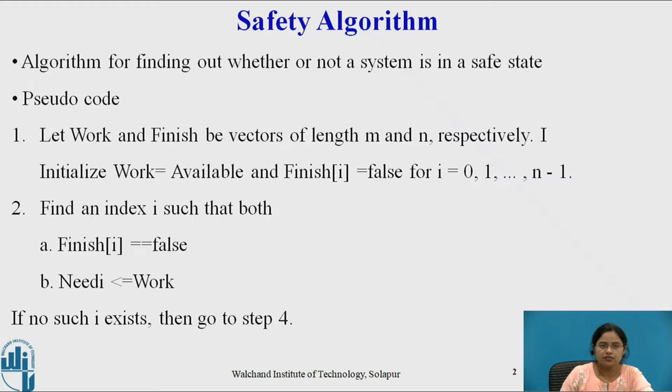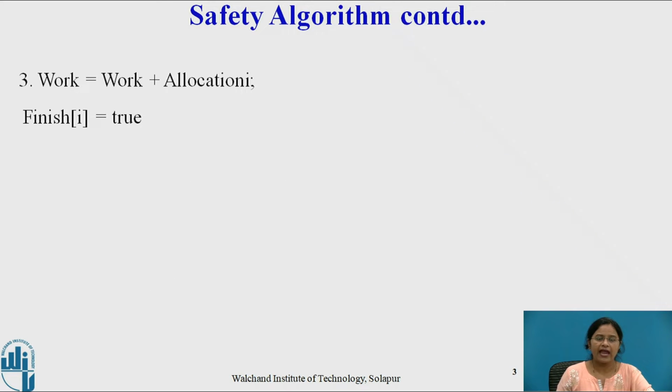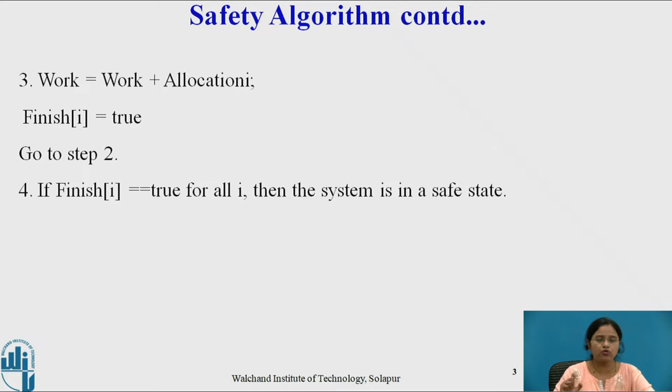If no such i exists, then go to step 4. We are trying to find the process whose need is less than the currently available resources. But if we don't get any such process, then we have to go to step 4, where we mark finish of i equal to true.